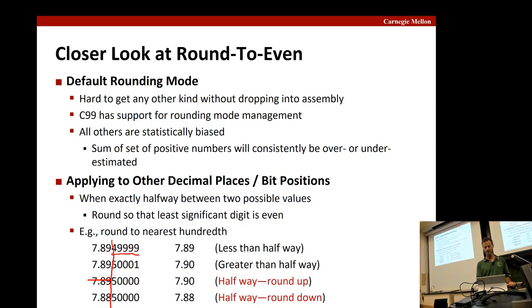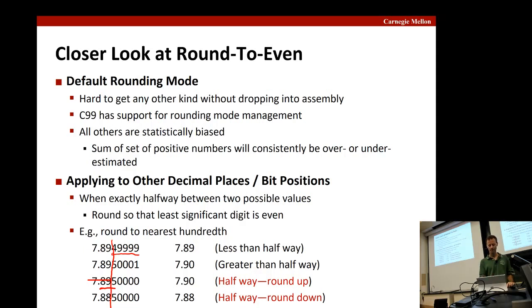So in this case, you're going to round down because that's less than halfway. In the next case, you're going to round up because that's greater than halfway. And now you have this tied case that we talked about last time. If you round even, then in this case, the choices were rounding to 7.89 or 7.90. And even in this case means the last digit is 0. And so you'd round to 7.90.